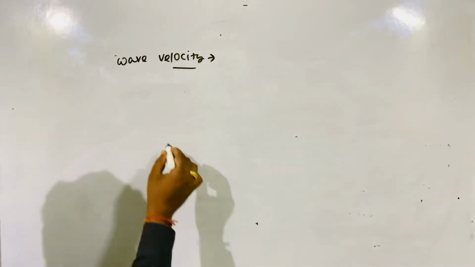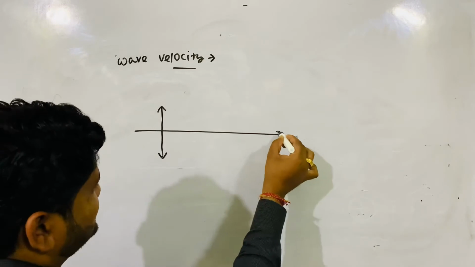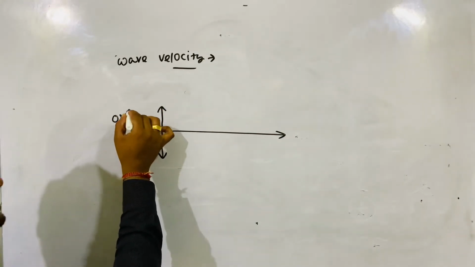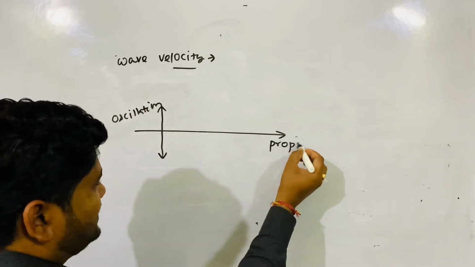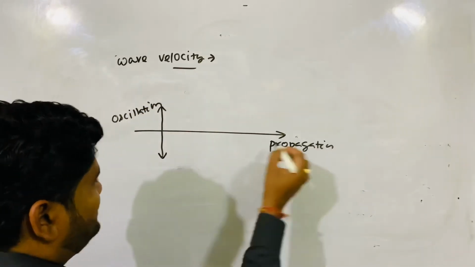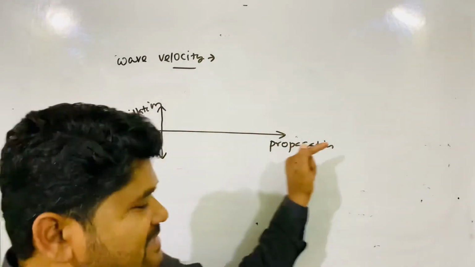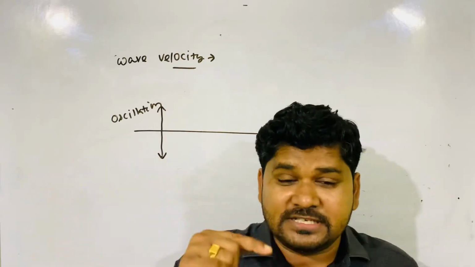How? Because of particle oscillation and wave propagation. This is oscillation, and this is propagation. Oscillation happens along this line and propagation happens along this line. The particle is not moving along; the particle is doing only oscillation.